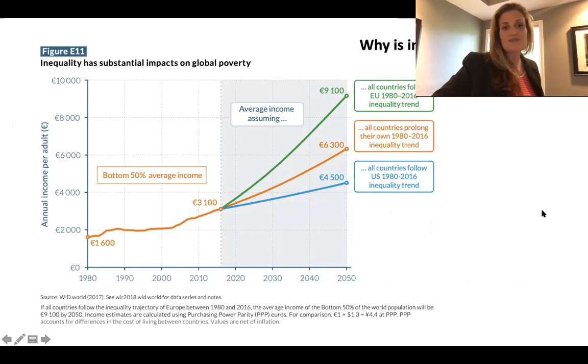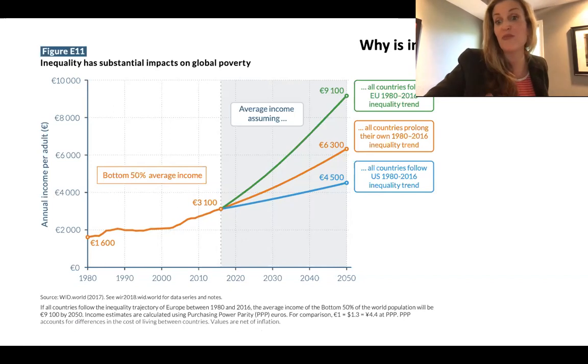Okay, so inequality has substantial impacts on global poverty. This is looking at annual income per adult. What I need you to understand is that when global inequality gets so exacerbated that the bottom rungs don't have enough money to live on or buy healthcare or food or decent education, housing, etc., that's when global inequality becomes a problem of poverty.